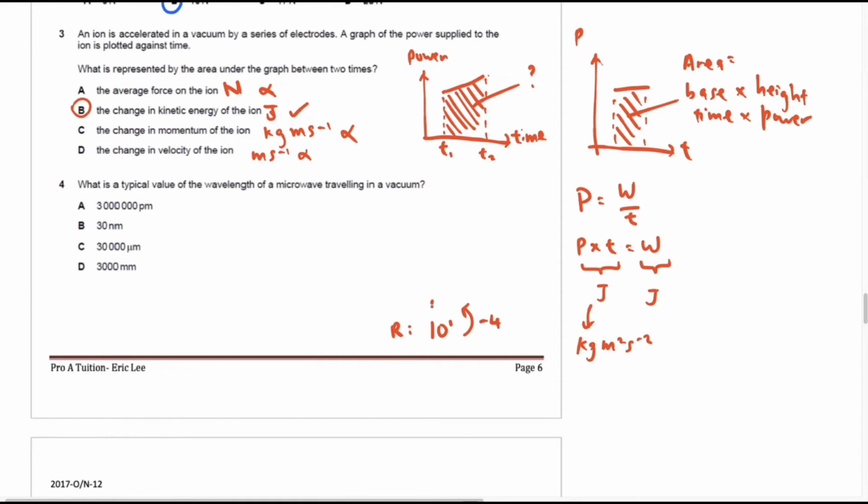Minus 4 is 10 to the power of negative 3. So this is microwave. So microwave is about this value, 10 to the power of negative 3 meter. So let's see which one is about this value, 10 to the power of negative 3 meter.